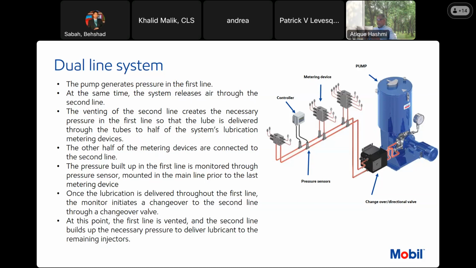Every connection, including fitting, pipe size, pipe diameter, will reduce the pressure. So for example, if your pump is dispensing, let's say 5,000 PSI of pressure, and your distance to dispense that lubricant is, let's suppose, 100 feet. It's a big distance.